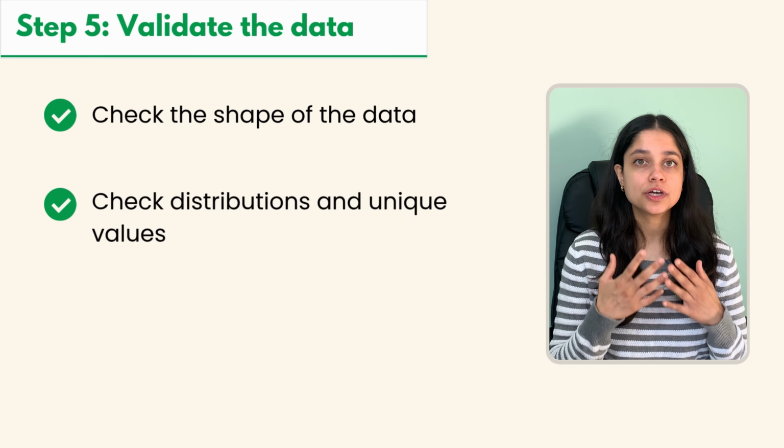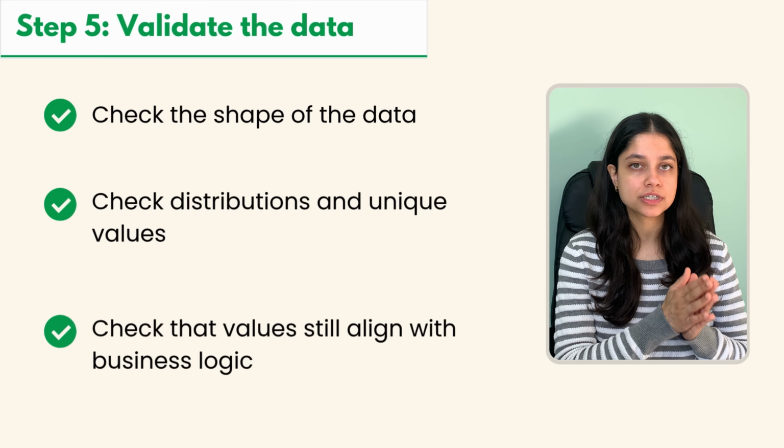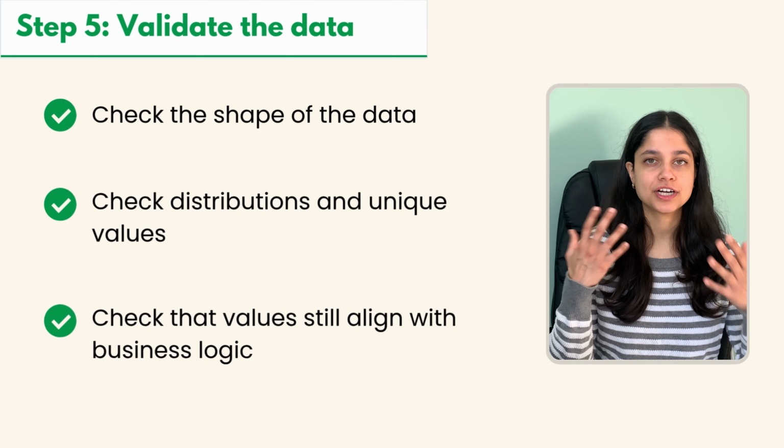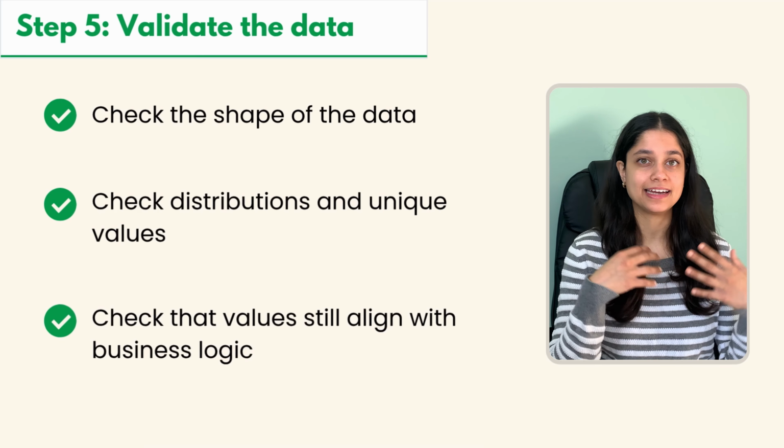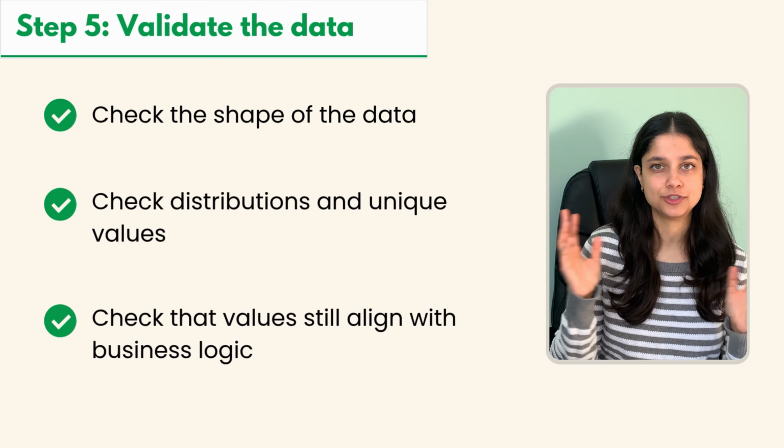And finally, you can also compare the values in the rows and columns to business logic. For example, making sure you don't have anything like negative ages or dates that don't make any sense. Now, this step is really crucial because we want to make sure that any changes we made as part of data cleaning didn't introduce any new errors or data quality problems into the dataset.